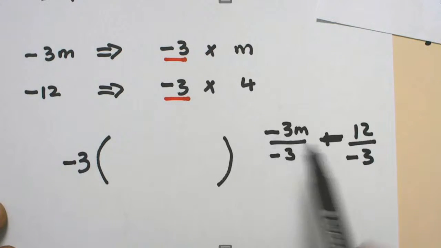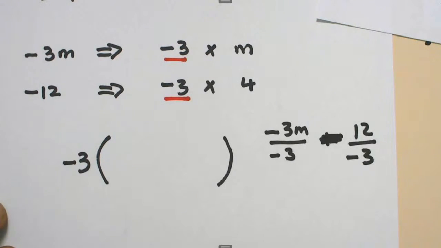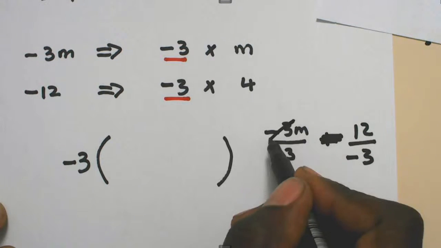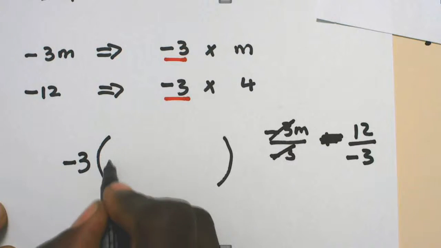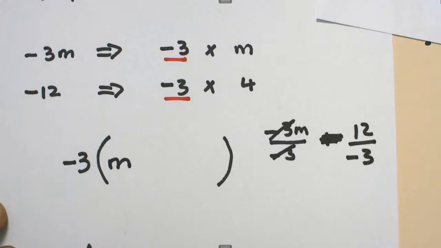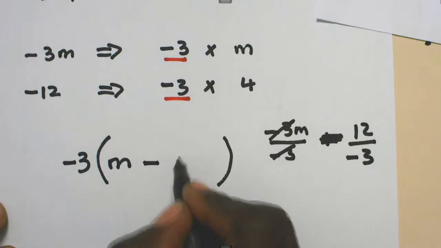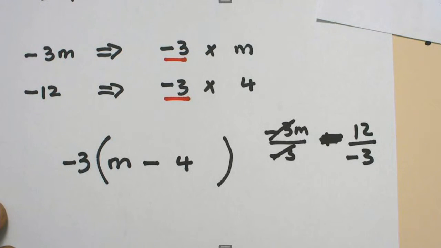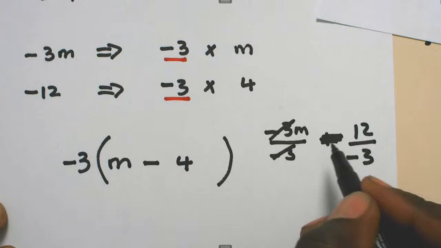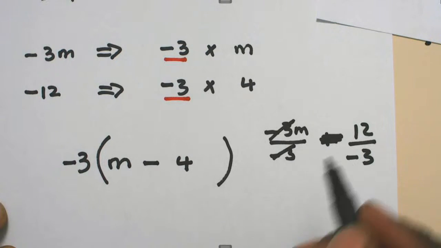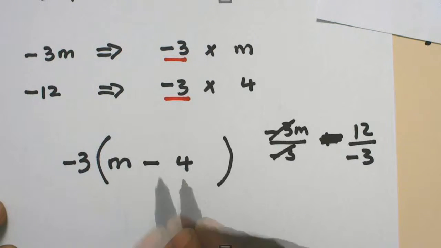Both terms should be divided by minus 3, the highest common factor. If you divide, it cancels and you are left with m. And then minus, if you divide that, you're going to have 4. In other words, the expression inside is m minus 4.